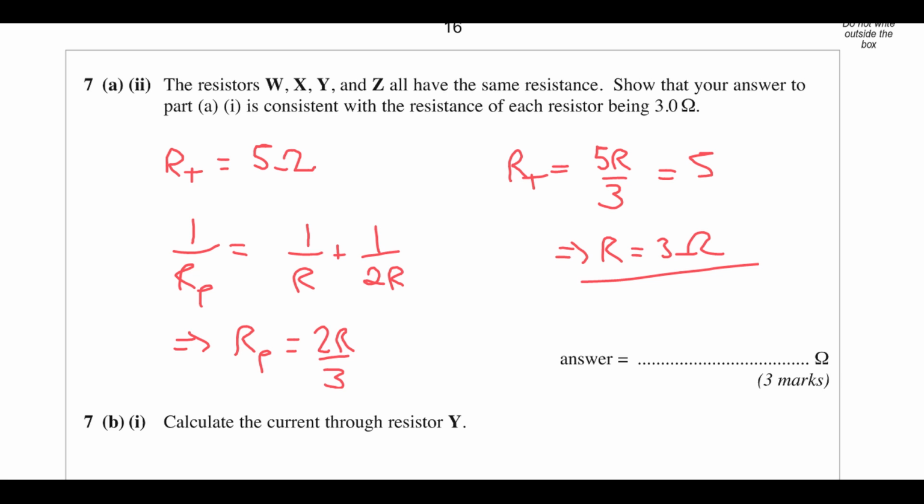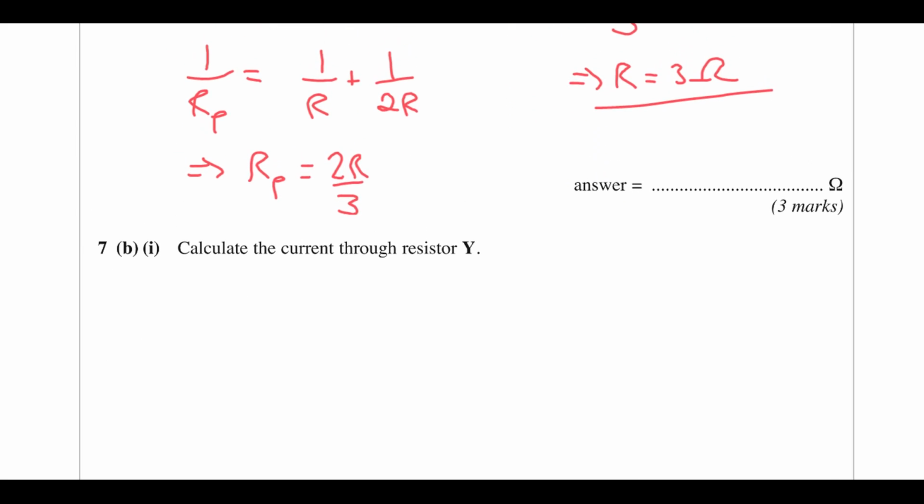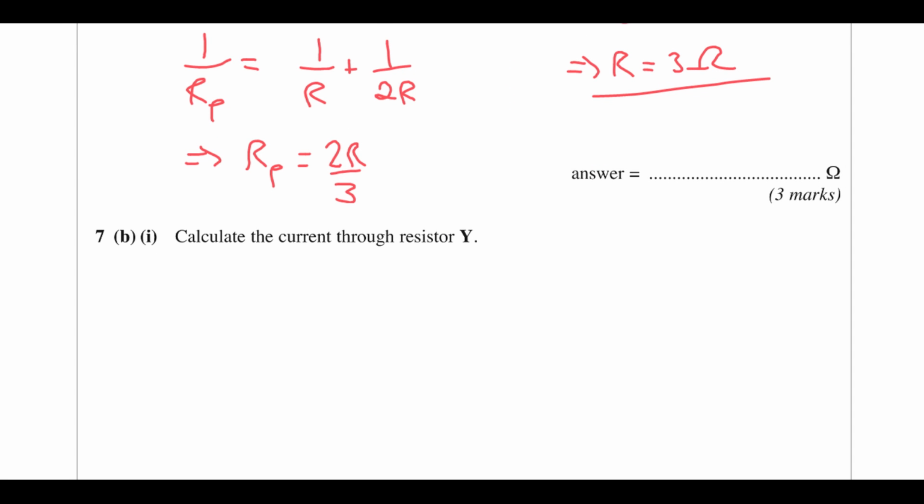Okay. Now we need to work out the current through resistor Y. So we know the total current going around is 2 amps. So that's going to split up 2/3 one way, 1/3 the other way. So Y is by itself.